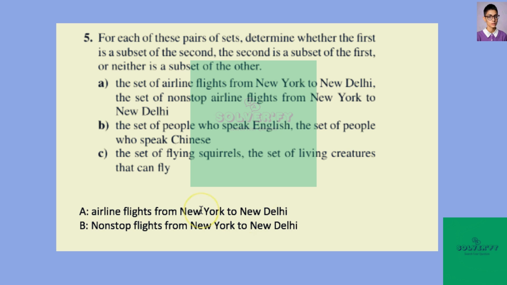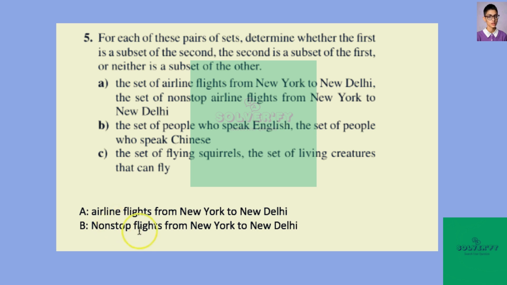They get on in New York and their final destination is New Delhi, but there may be some stops in the middle. I don't know where those would be, but somewhere in between New York and New Delhi, they get off a plane, they get on the next plane. So these are the kinds of airline flights that I would take. Ones with multiple stops because I'm poor.